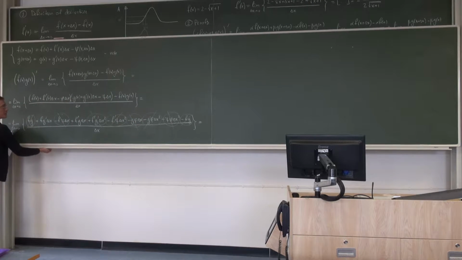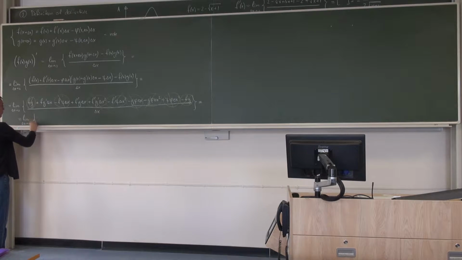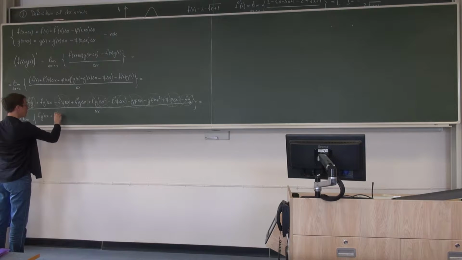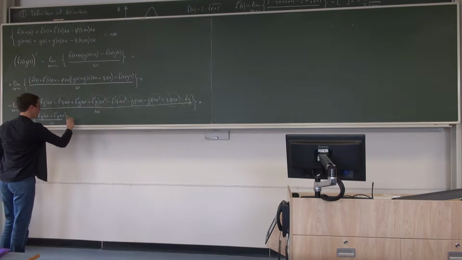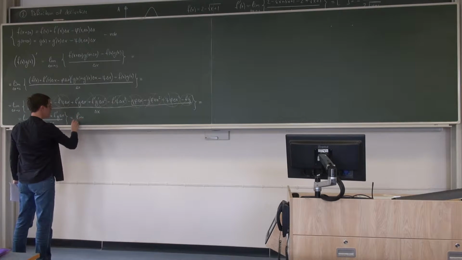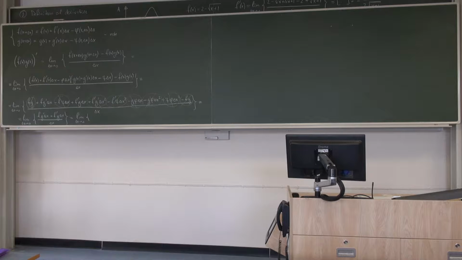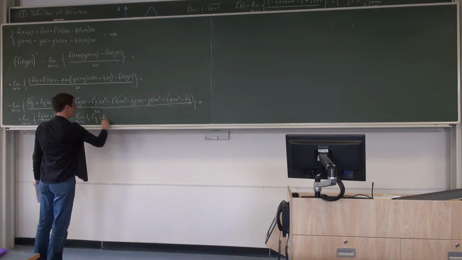And after the dust has settled, and only the relevant terms have remained, we have the limit as Δx goes to 0 of fg'Δx plus f'gΔx divided by Δx, which is the limit as Δx goes to 0, where Δx just plainly cancels in numerator and denominator, of f'g plus fg'.